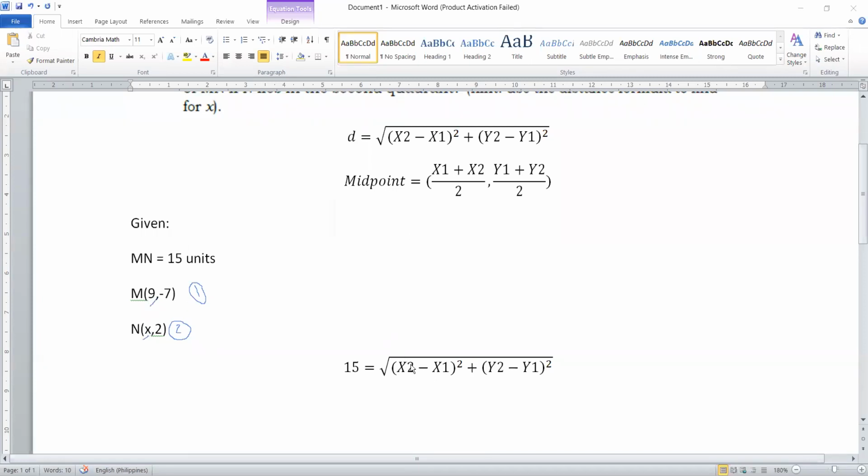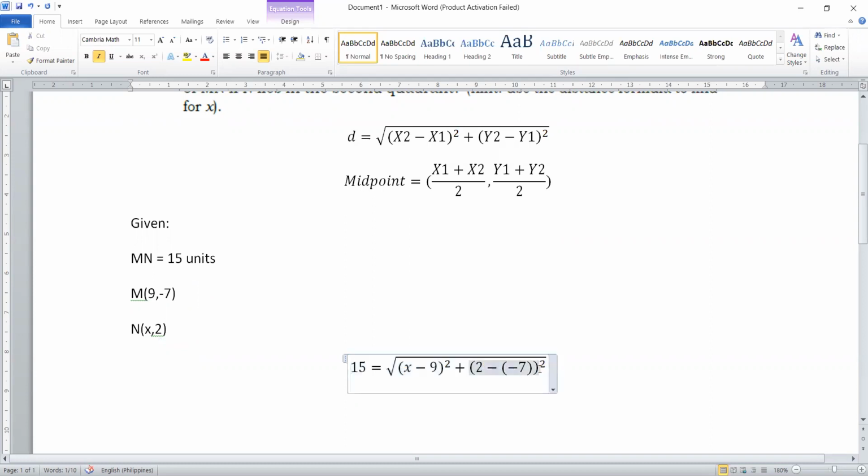So let's substitute that here. So that will be x and that will be 9. Next, we'll have y2 minus y1. So y2 is 2 and y1 is -7. Next, we have to simplify this.